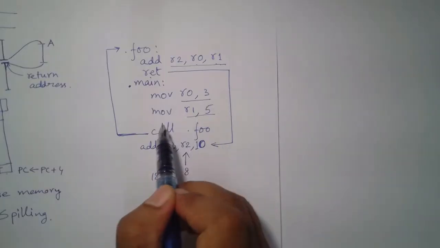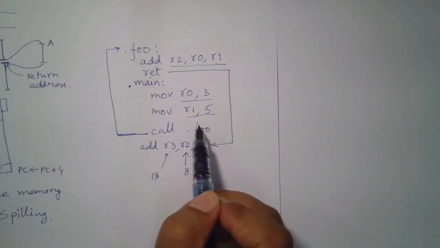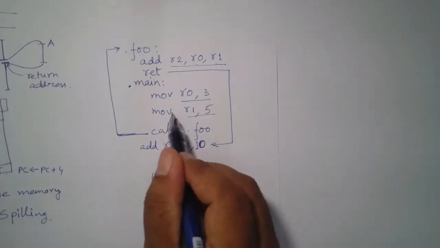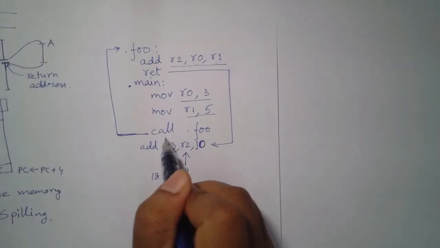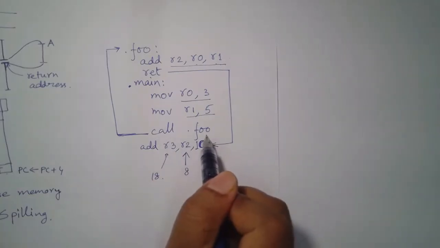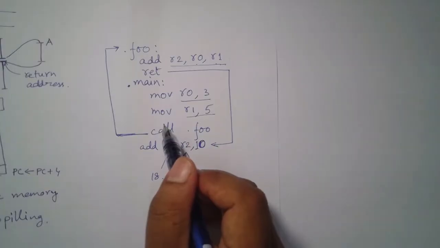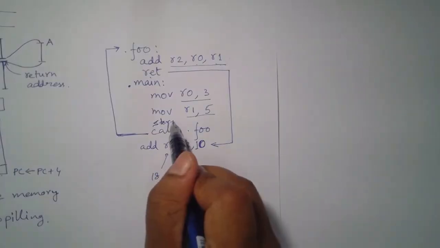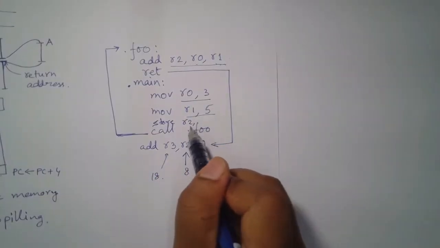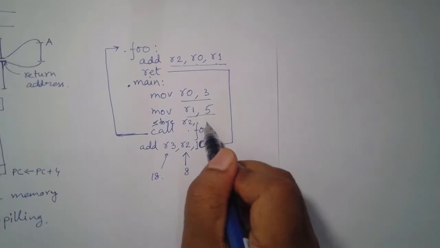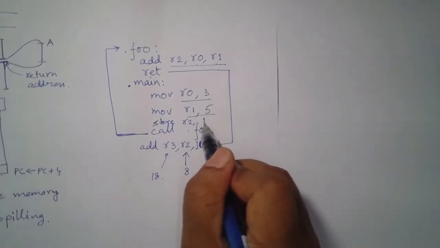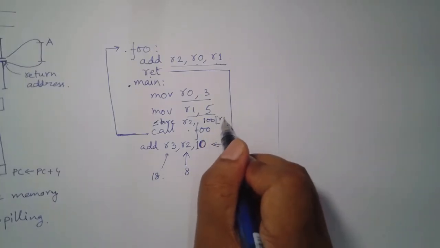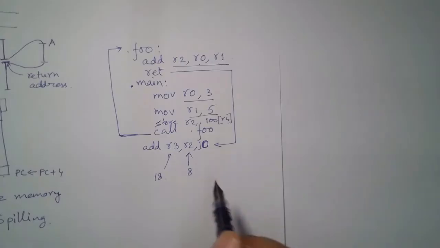Let us say I do not want a specific register to be disturbed, just let us say R2. What I can do, before I call this function foo, is store all these registers which I do not want to be disturbed. Let us say I will store R2 in some memory location, say 100, and the offset is, let us say, R4. I am just giving some memory location.